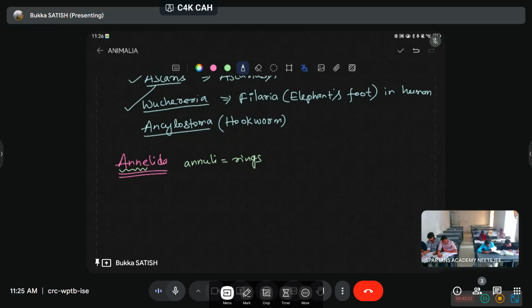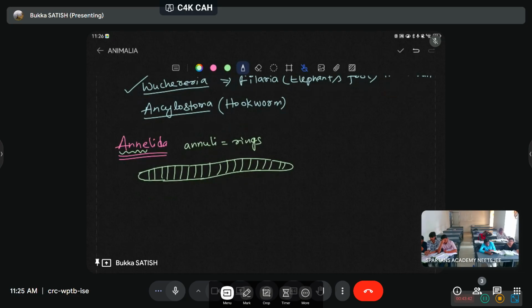It means the body is having a segmented body. For example, if you see the earthworm, the body is segmented, so it appears like rings. Earthworm, for example, or Nereis, you can see the body is like a segmented body. So it appears like rings. There are many rings attached to each other. That's why the name Annelida.